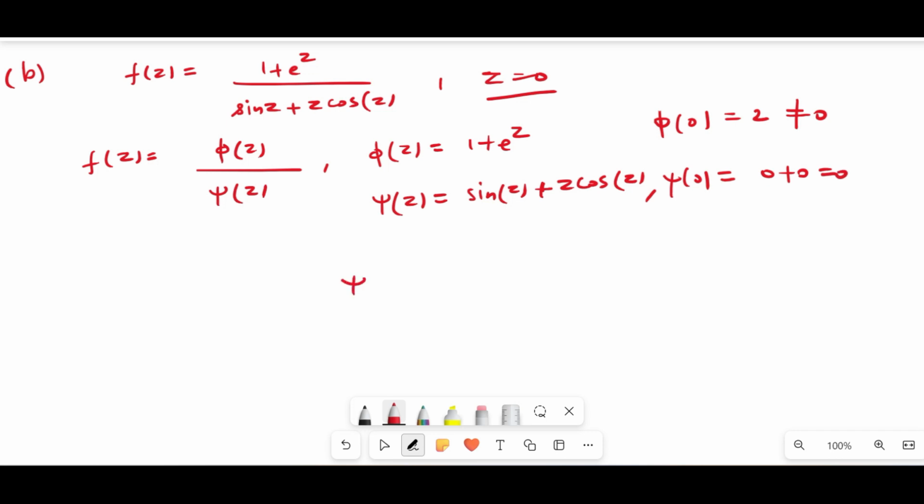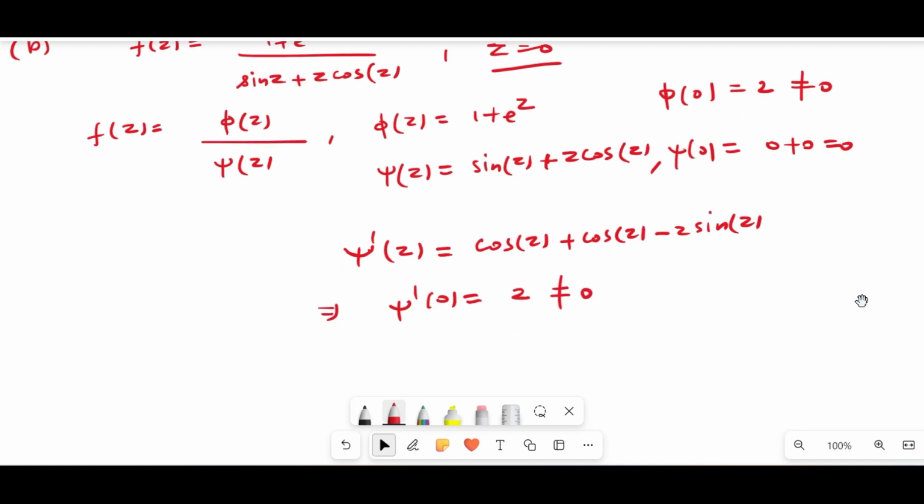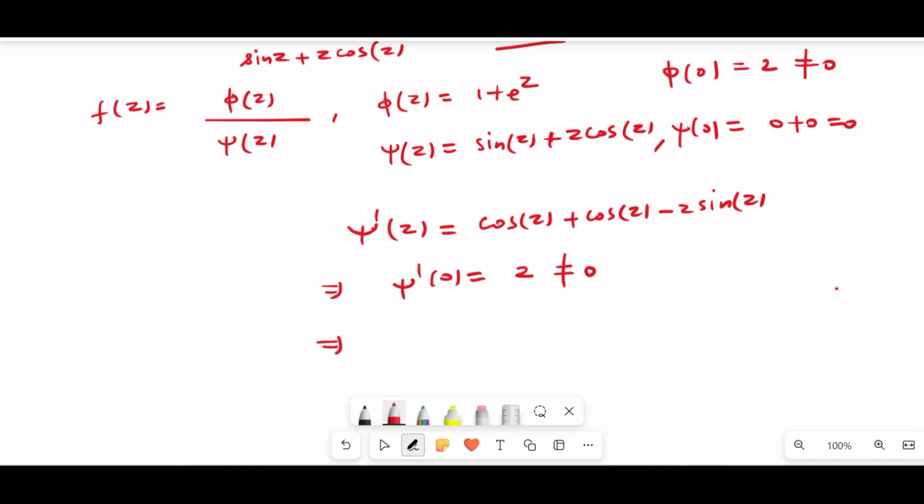Now differentiate the psi with respect to z. It will give cos z plus cos z minus z sin z. So it implies psi dash of 0 is equal to 2, which is non-zero. So we can write here z is equal to 0 is a simple pole. That is very important.